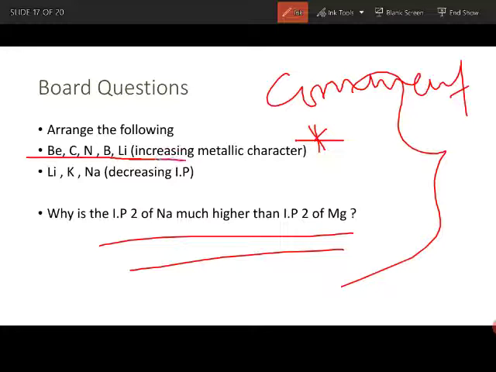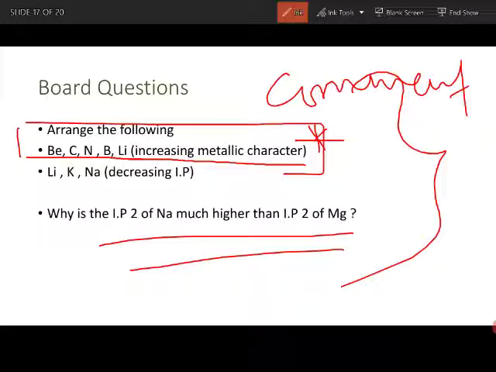What we have to do is arrange them in increasing metallic character. Now when we get this kind of question, first of all I will arrange them according to the sequence, that means according to the periodic table. Now if you remember the periodic table, these elements go from left to right, but they are not arranged in sequence.